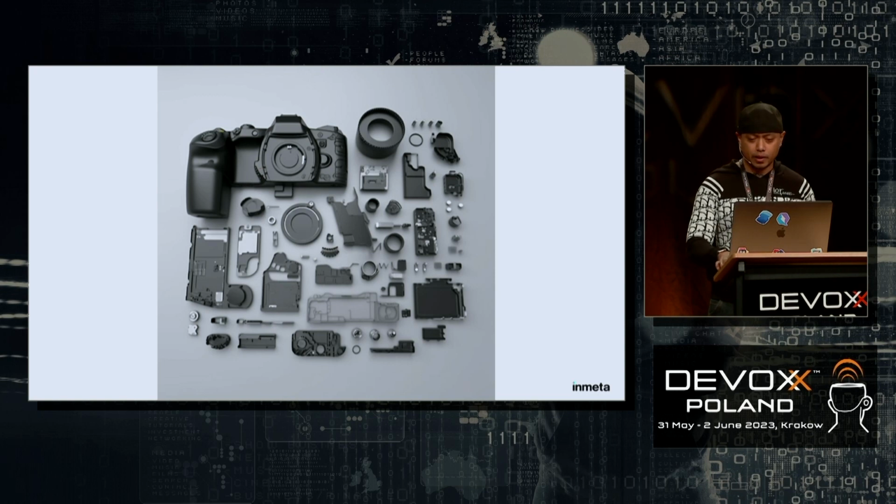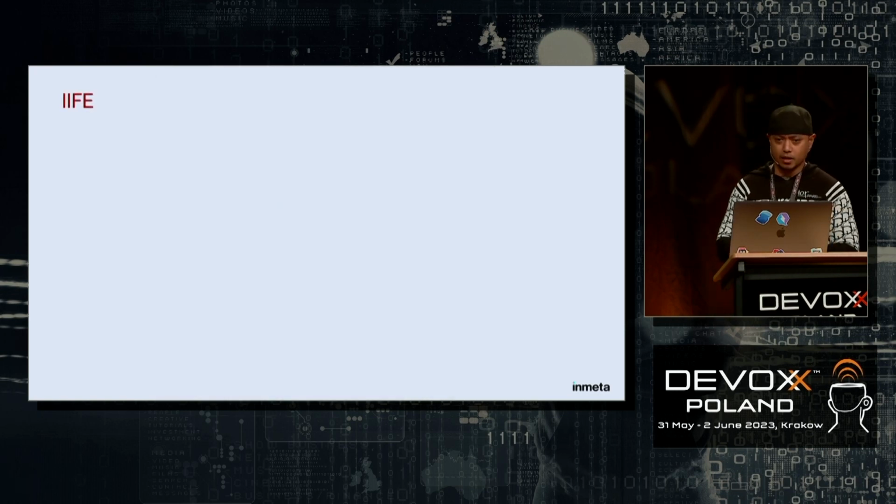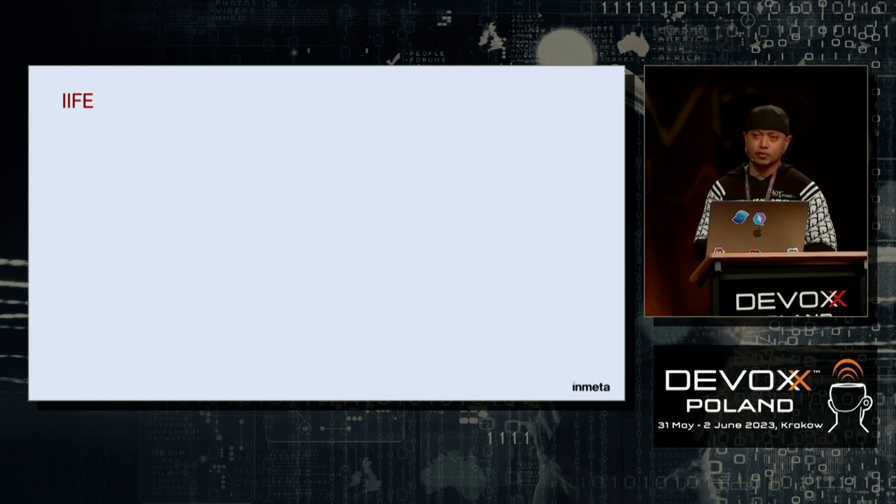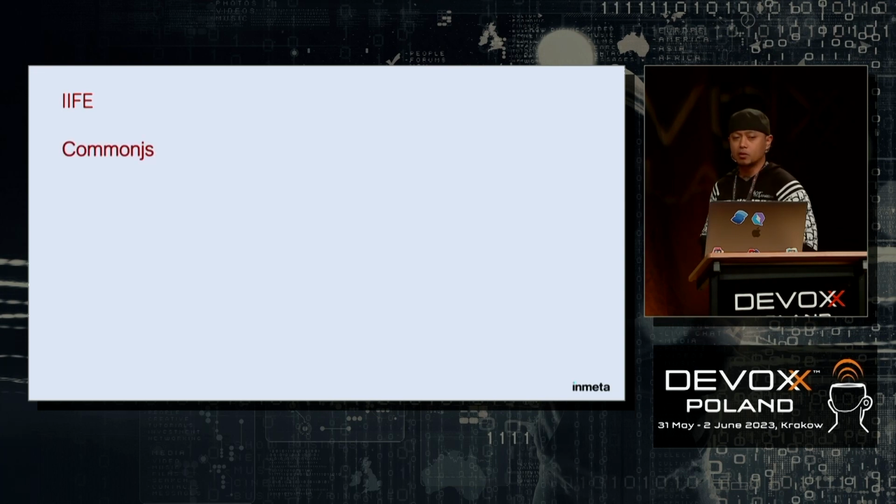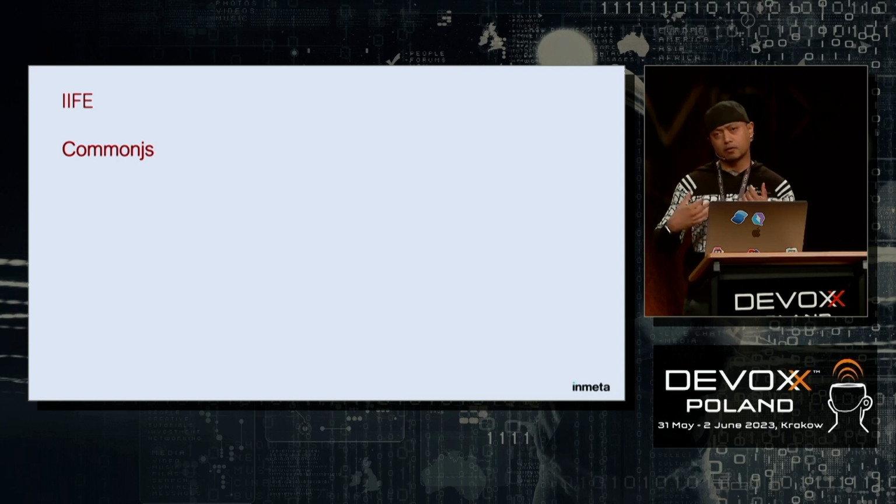Back in the day, we had the IIFE. This one mimics a module scope: you can hide variables, it's self-contained, etc. The IIFE helped us create the module pattern back in the days. So that's one very first encounter. Another one would be CommonJS. This was built originally for Node.js, and its characteristic is that it's synchronous.